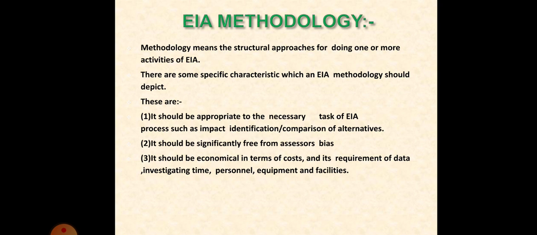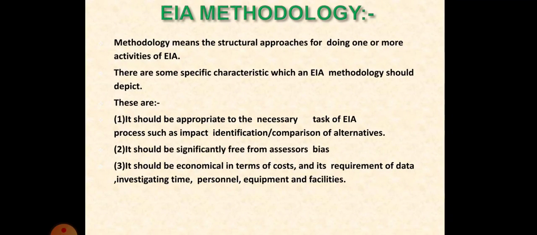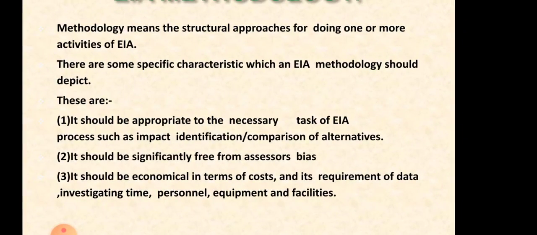So EIA methodology is actually the structural approach for doing one or more activities of the EIA, and there are some specific characteristics which an EIA methodology should adopt or depict. So they are: it should be appropriate to the necessary task of the EIA process, such as identification of the impact or comparison of the alternatives.